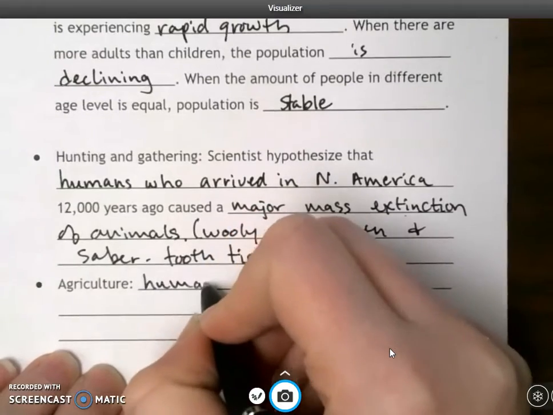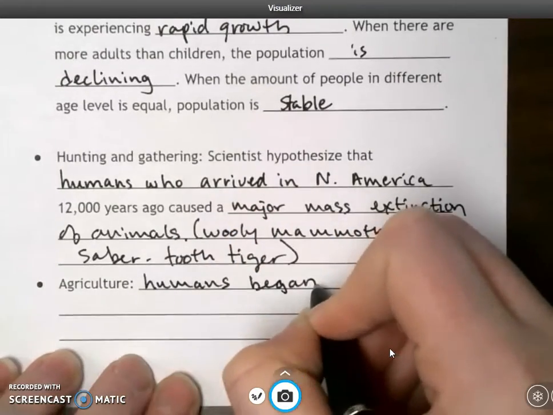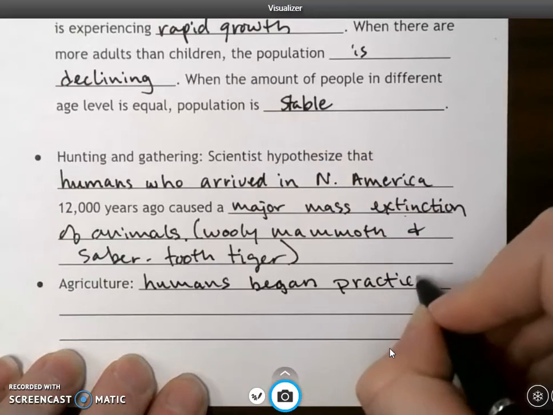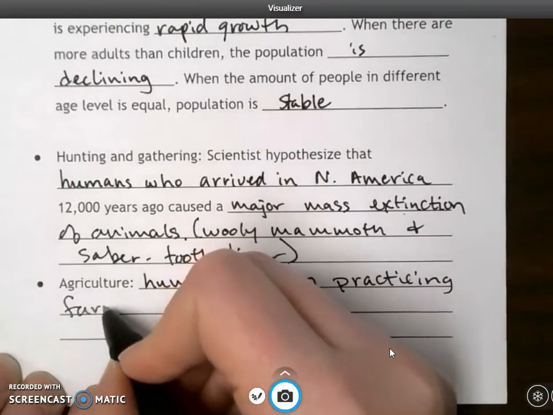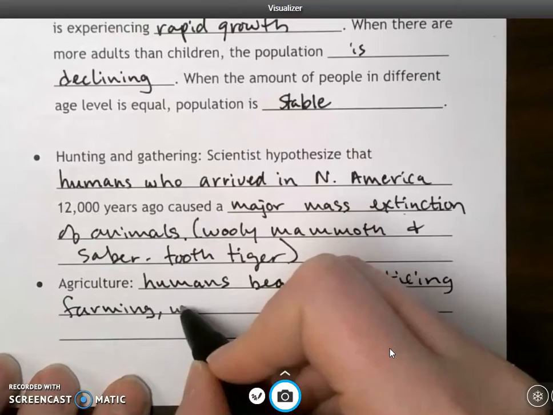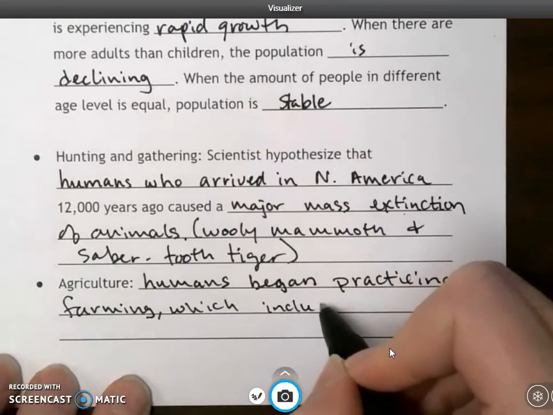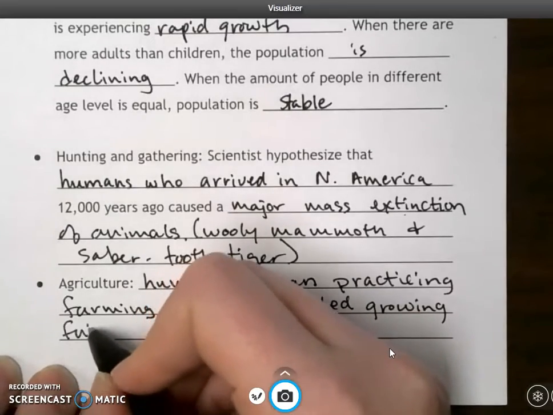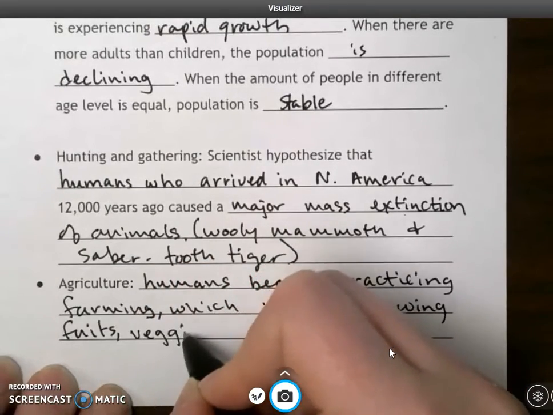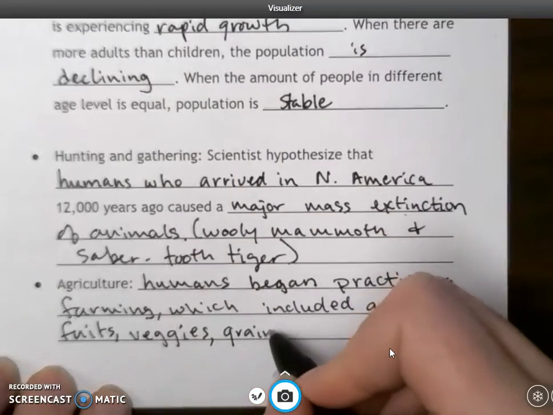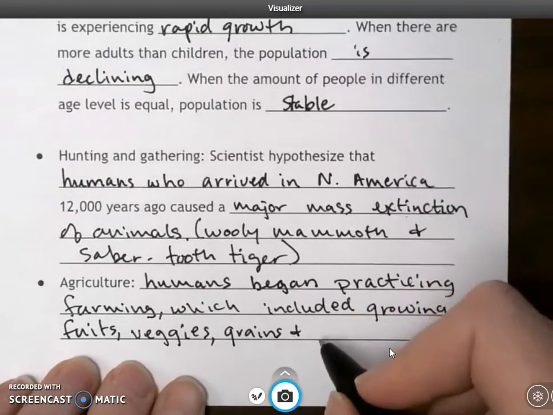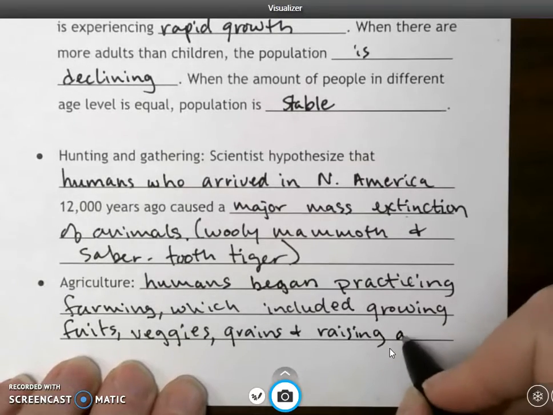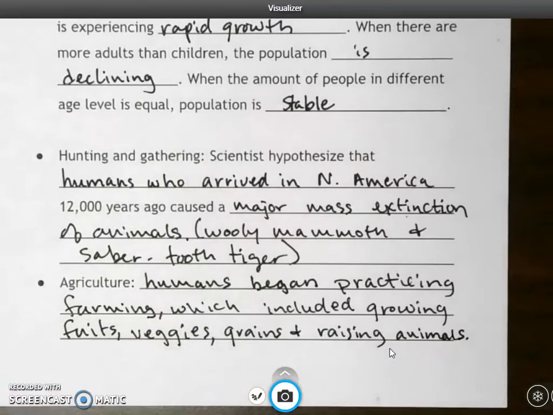Humans began practicing farming, which included growing fruits, veggies, grains, and raising animals. So it became easier to support larger populations with the invention of agriculture.